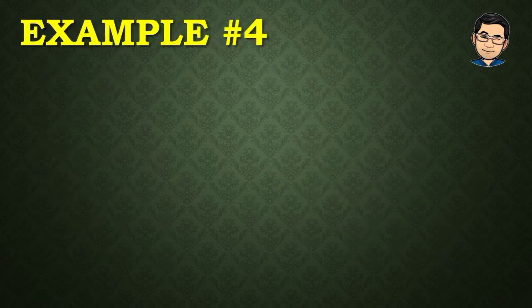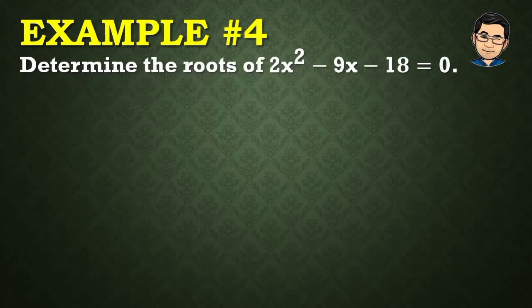So, let's have example number 4. Determine the roots of 2x squared minus 9x minus 18 equals 0. So, kapag ang numerical coefficient ng x squared ay hindi siya 1, so gagamit tayo ng ibang method. So, mas madaling method is AC method.